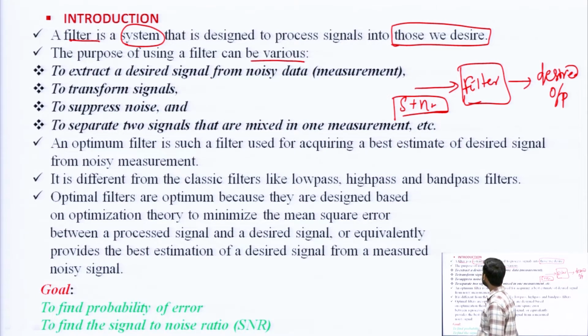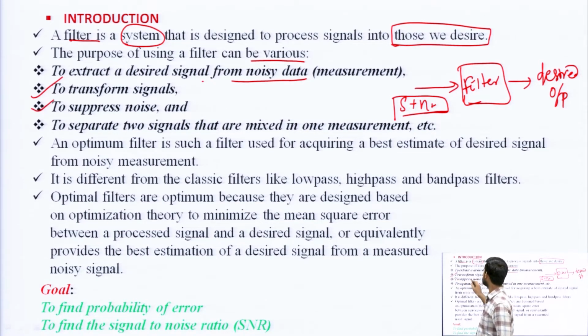Why are we using filters? To extract a desired signal from noisy data, that is one of the main roles of the filter. Similarly, to transform signals, we use filters.